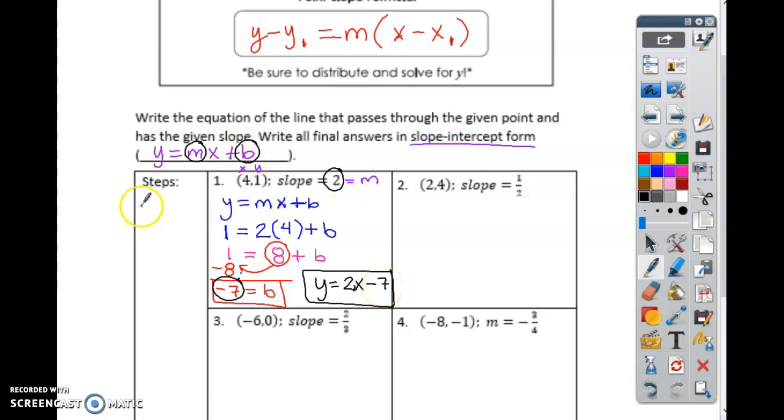So the steps are to plug in the m, the x, and the y. Solve for b.